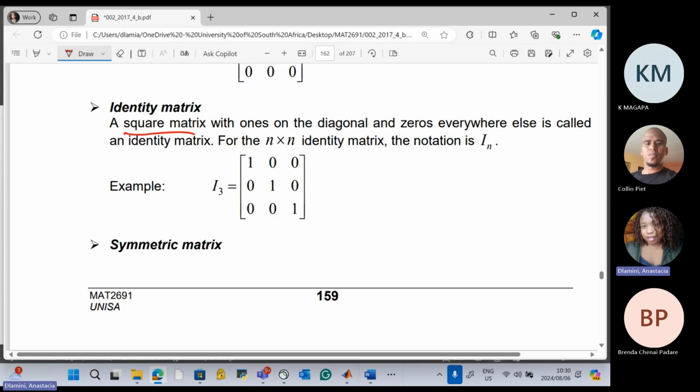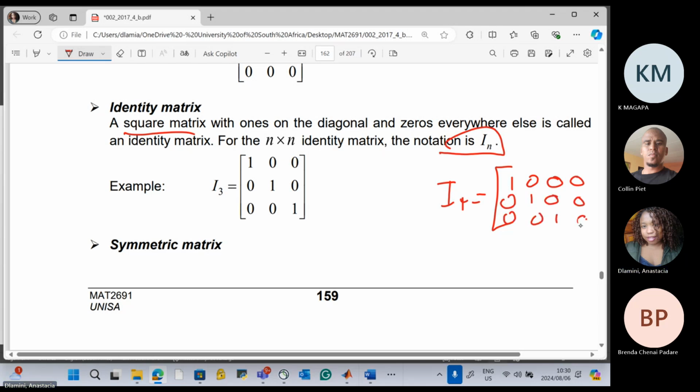The identity matrix is represented by a notation like this. If they say I is equal to 4, then they mean a 4 by 4 matrix. So this is a 4 by 4 identity matrix, and this is a 3 by 3 identity matrix.